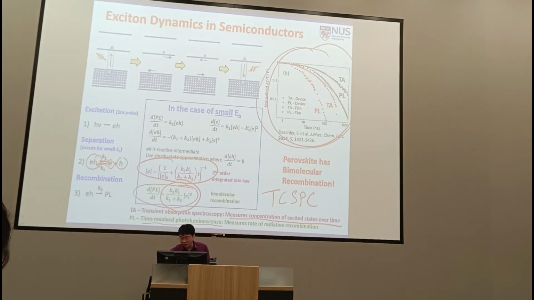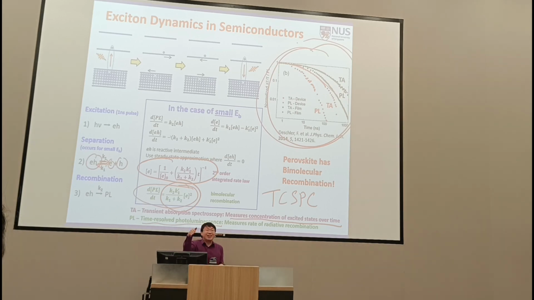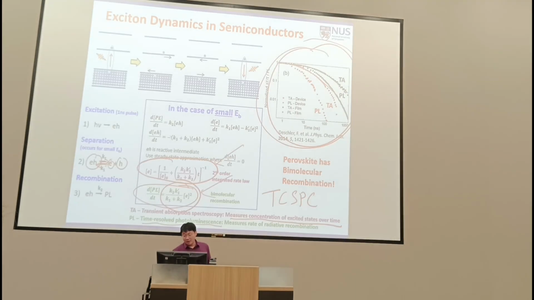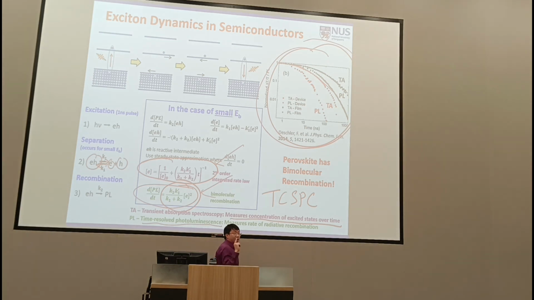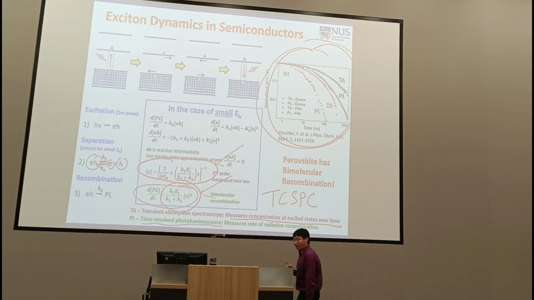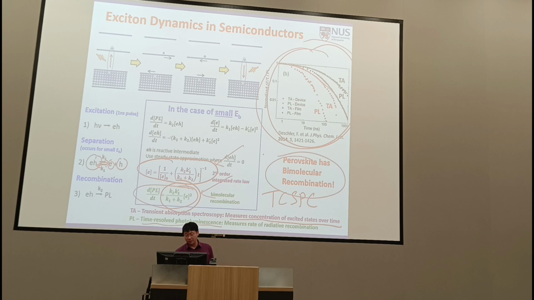And then they fitted the lines for these equations. And they show what? They show that perovskite has a low exciton binding energy, and it undergoes what we call bimolecular recombination.